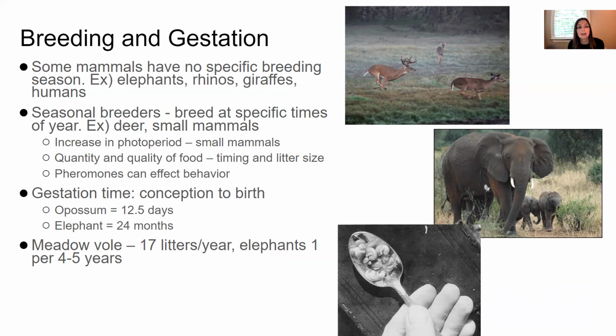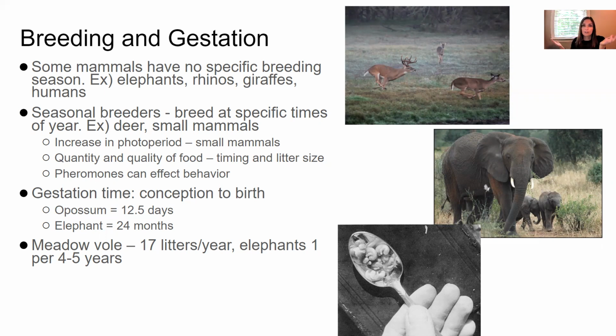And then the quantity and quality of food available will determine the timing of reproduction and the litter size. So for some species, it determines when they'll mate. They need to have maybe a big enough layer of fat, enough energy stored so that they can reproduce.